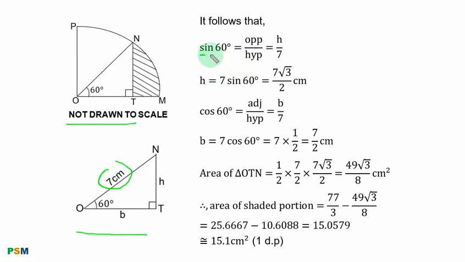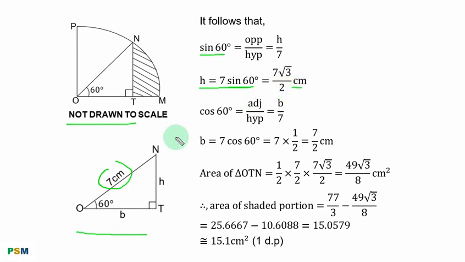Sine 60 degrees is equal to opposite over hypotenuse, that is h/7. Multiplied through by 7 to clear fraction, you have this result. In terms of special angle, sine 60 degrees is equivalent to √3/2. Hence, you have 7√3/2 cm.